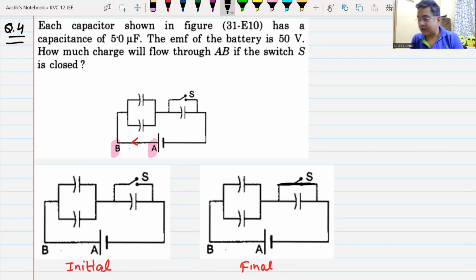Yes, sir. Can you tell me what are the charges appearing on each capacitor when the switch is open? This is a simple question. What are the charges appearing on the three capacitors? It's a simple question.